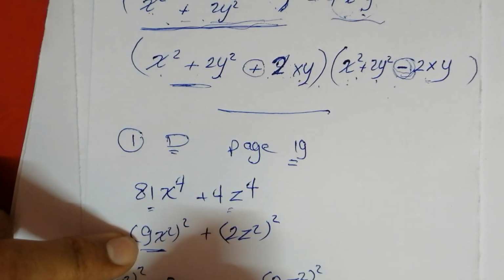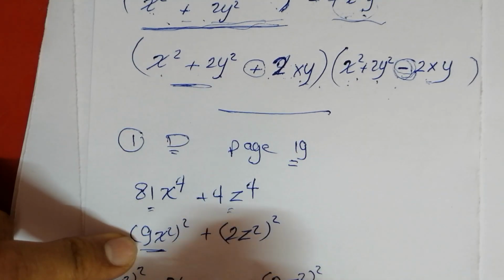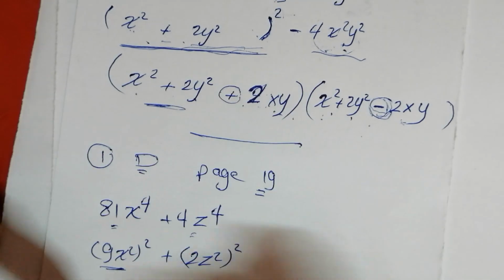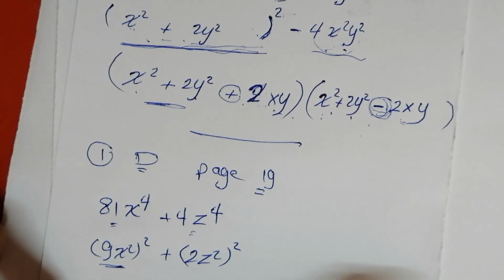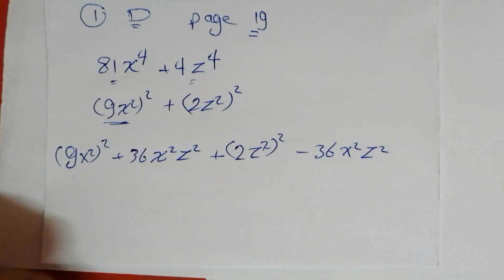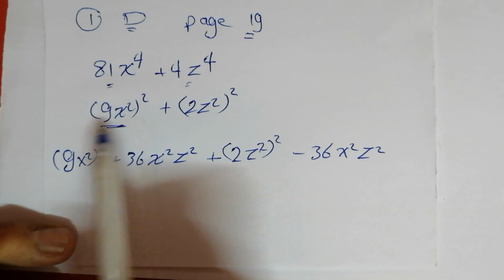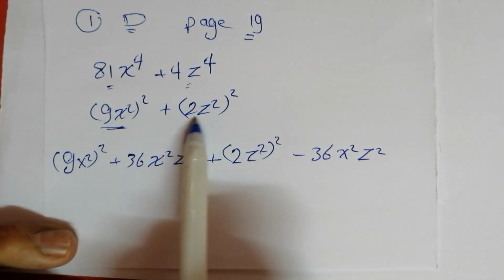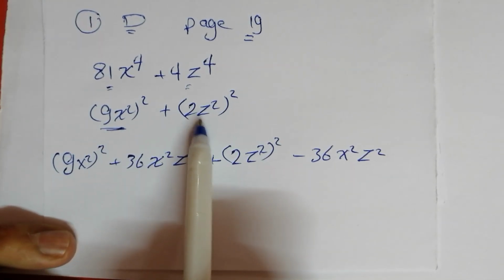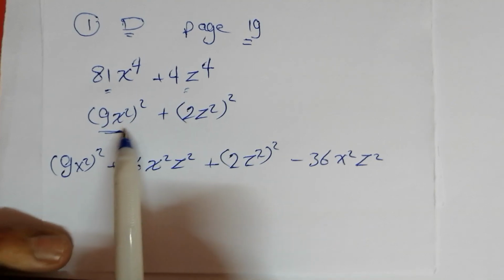So 36x squared z squared, and we're going to subtract it. Minus 36x squared z squared. Again, 9x squared all power 2 plus 2z squared all power 2. So the first term is squared and the other term is squared, so we have a sum of squares.